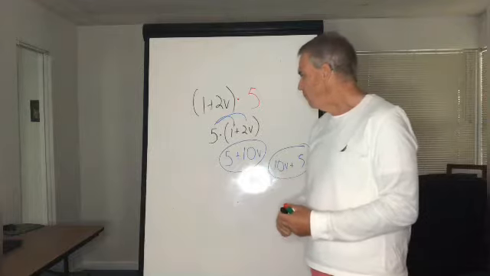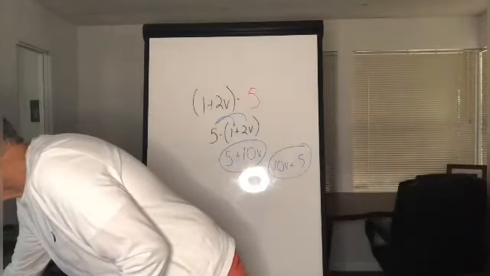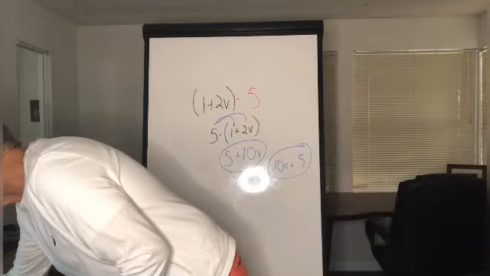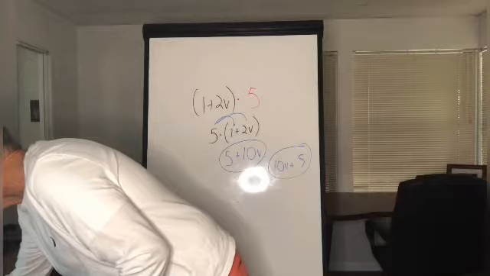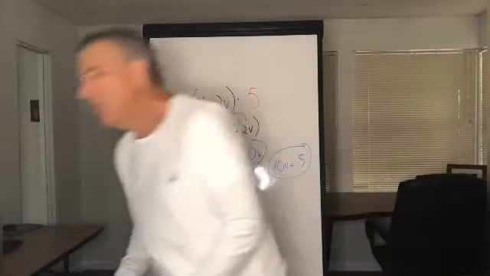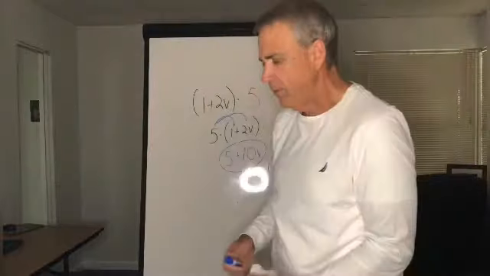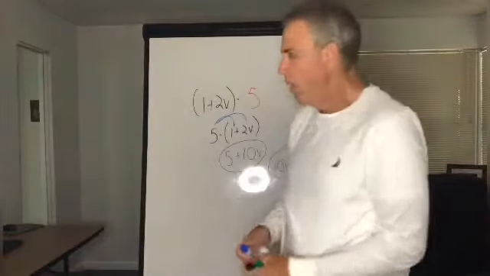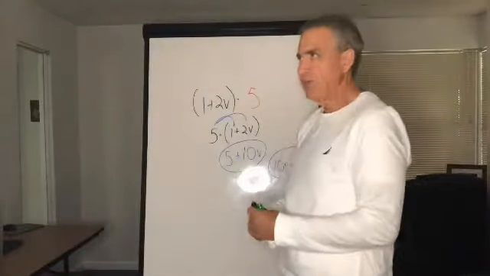Now we're on to the one where we're going to do number 24. I'll write it down. That's the one that I want you to do by yourself if you can.